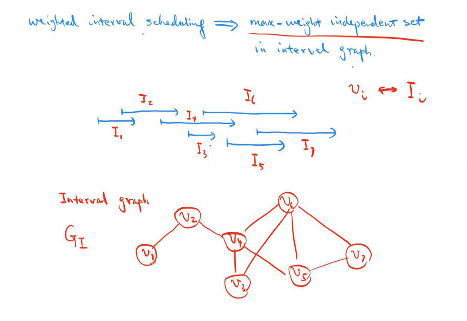Now the problem on this interval graph is to find the independent set of maximum weight. So that's the maximum weight independent set problem. The problem is to find the mutually compatible intervals of maximum weight. So that translates to an independent set.